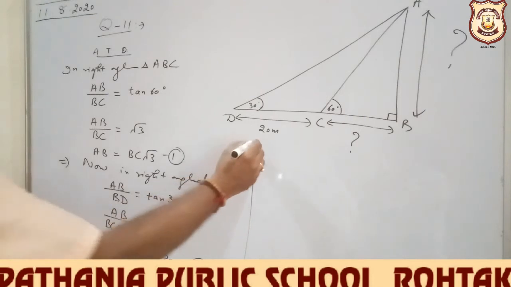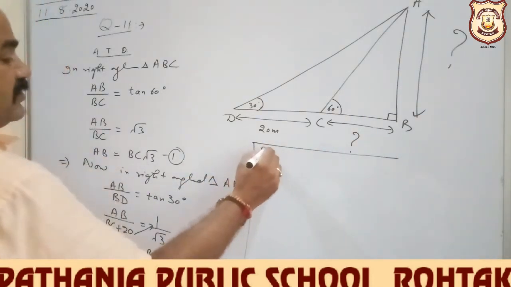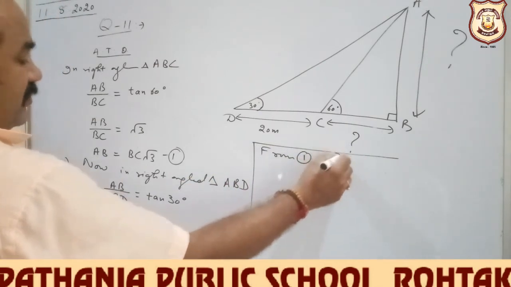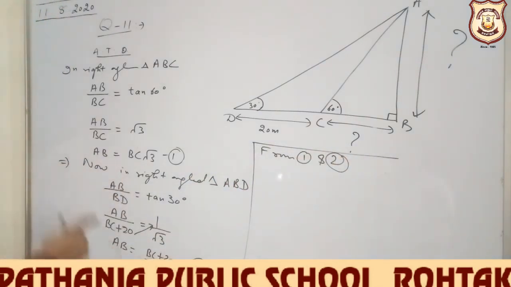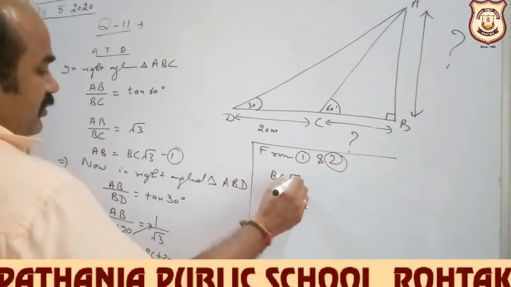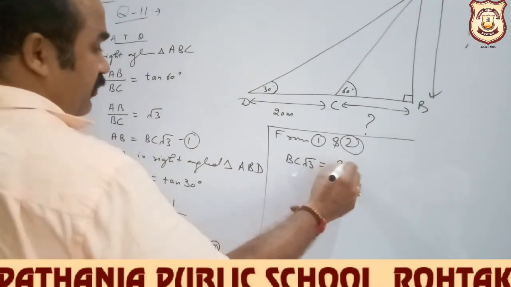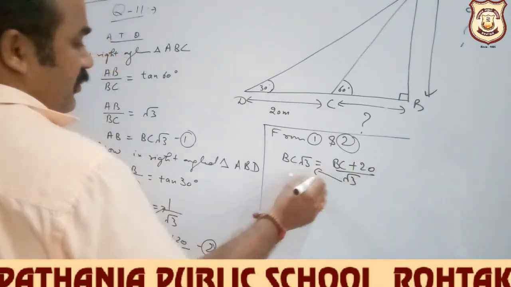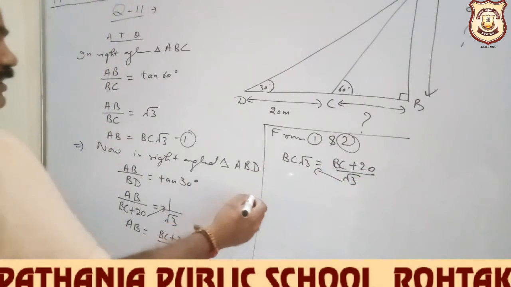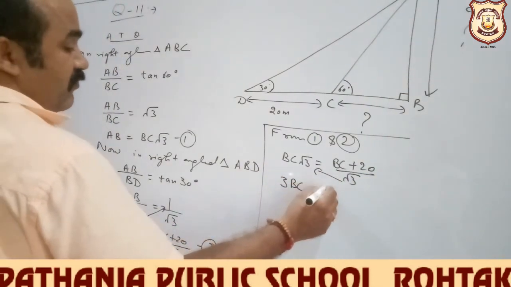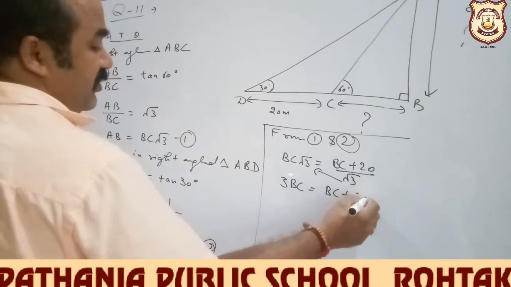After this you can write from first and second. See students, LHS is same. BC root 3 equal to BC plus 20 by root 3. Root 3 you will take on this side, multiply: 3BC equal BC plus 20.